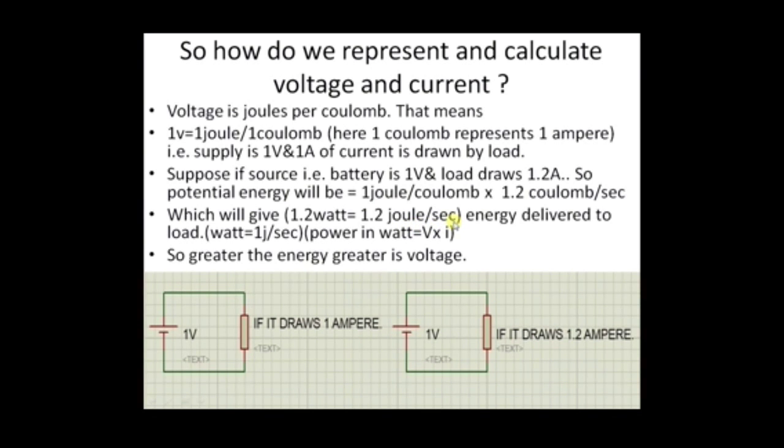That is the power. We know that power is expressed in terms of watt. That watt is equal to joules per second. So it is said to be 1.2 watt when 1.2 joules of energy is delivered. So the greater the energy, the greater the voltage. How?